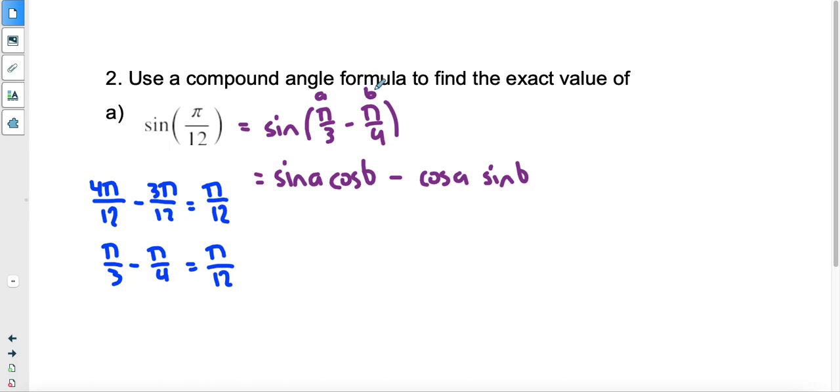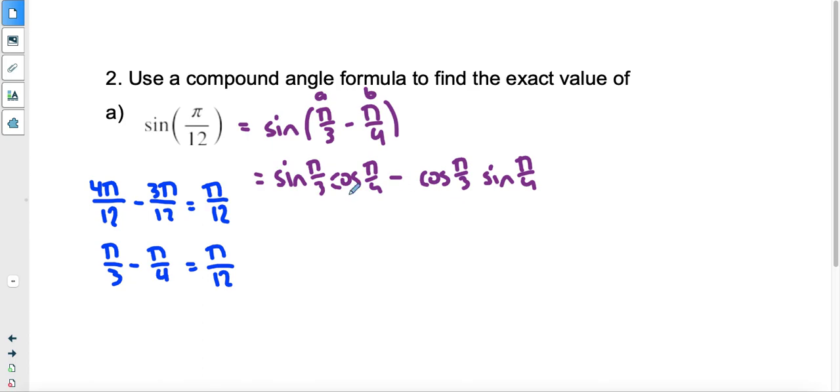And now, if we plug those angles into our formula, we'll have sine of pi over 3 times cos pi over 4 minus cos pi over 3 times sine pi over 4.